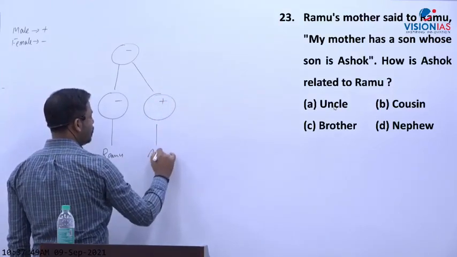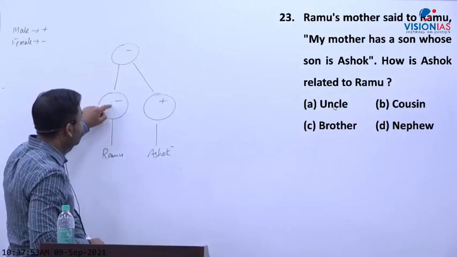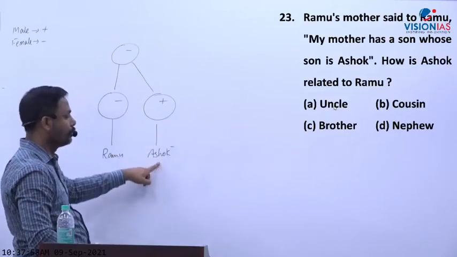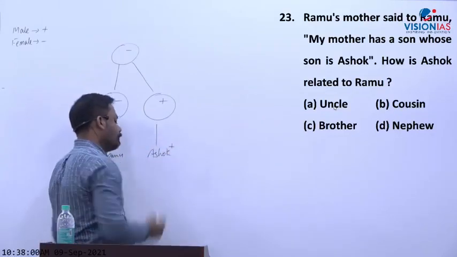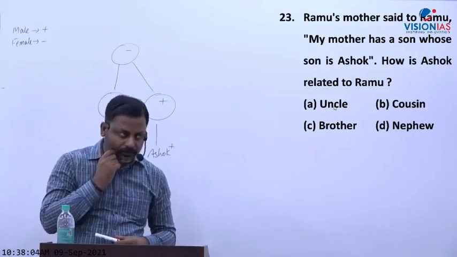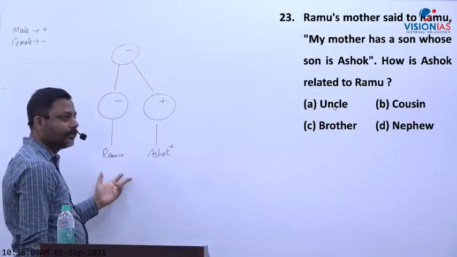So my mother has a son and his son is Ashok. So Ramu's mother is saying that my mother has a son whose son is Ashok. How is Ashok related to Ramu? Cousin.